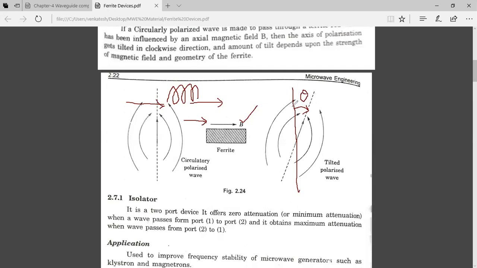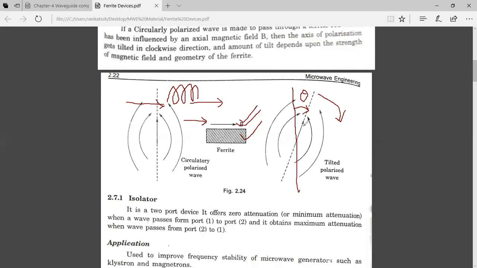So it has been tilted by angle theta, and that is how the circularly polarized wave changes its phase from 0 degrees to some theta degrees. How much it is tilted depends upon the strength of the magnetic field, and it also depends upon the shape of the ferrite rod. Accordingly, we have to adjust this tilt.